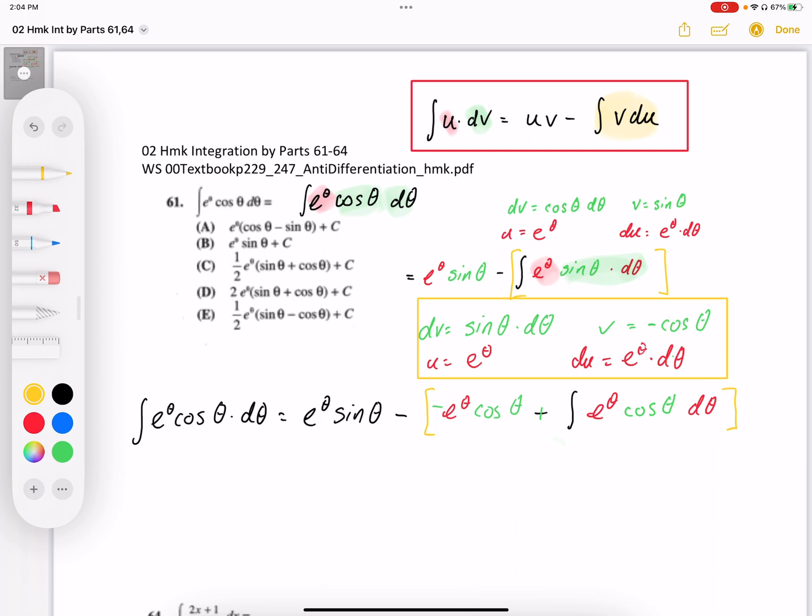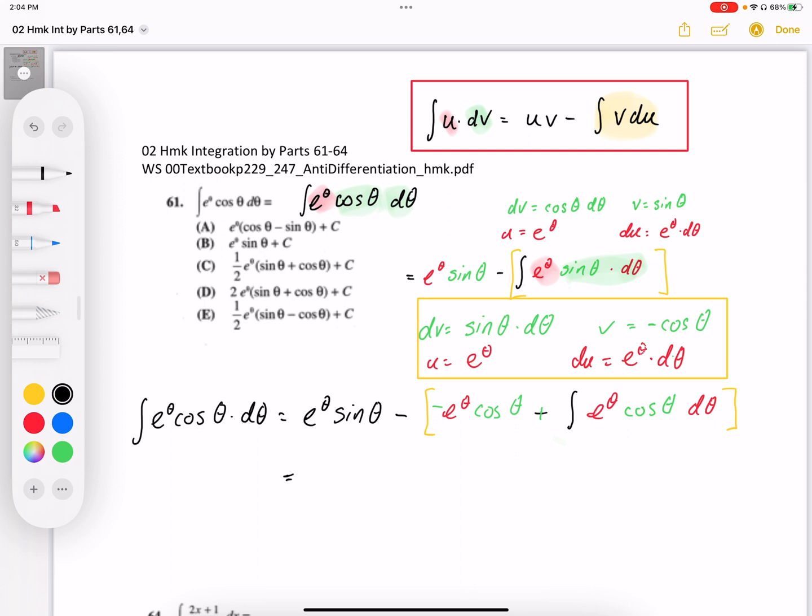Now, the problem is that I've kind of run into the same integral as what I started. That could seemingly be a problem, but actually it's a benefit because we're going to be able to write that expression on the left side of the equation, and we can actually solve this algebraically. So it looks like this.